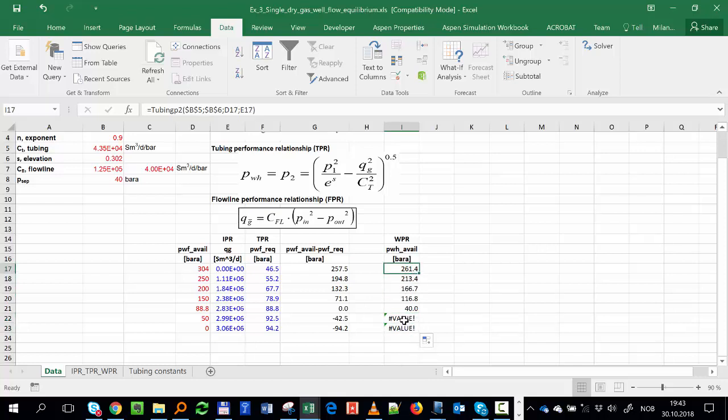Okay, so what happened here? What's the value of P1? P1 is just this one, the bottom hole pressure. And the flow rate, I'm using the same point there.